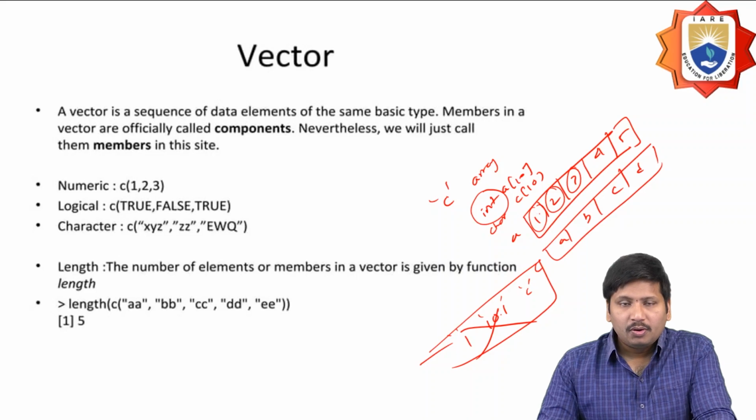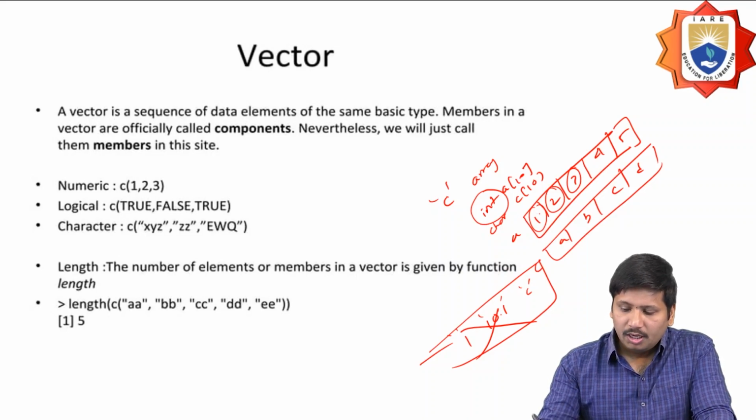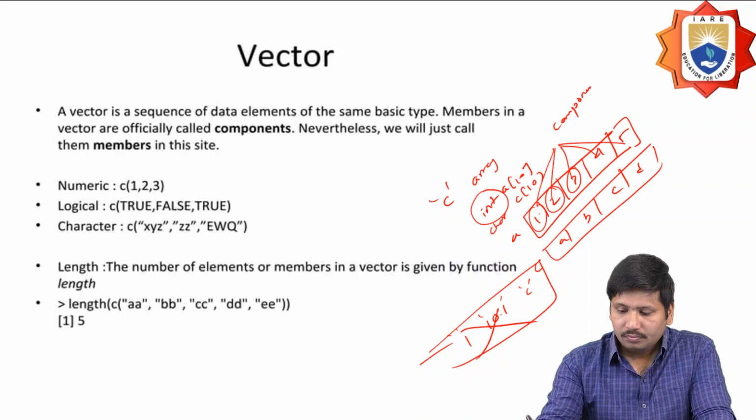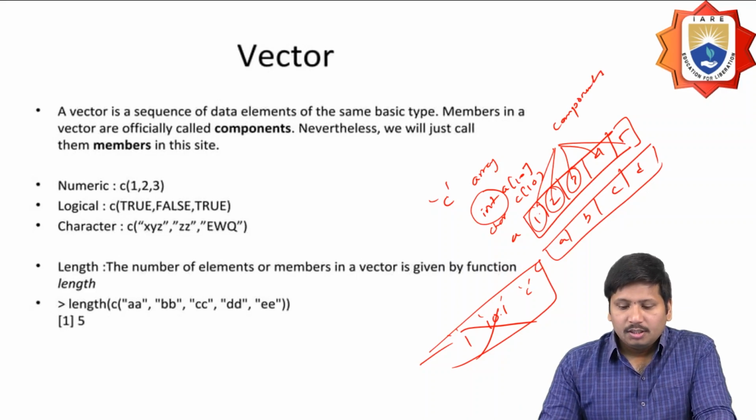In R programming also, a vector is a sequence of data elements of the same data type, and the members in the vector are officially called components. The elements in that vector are called components, and otherwise we can simply call them members also.